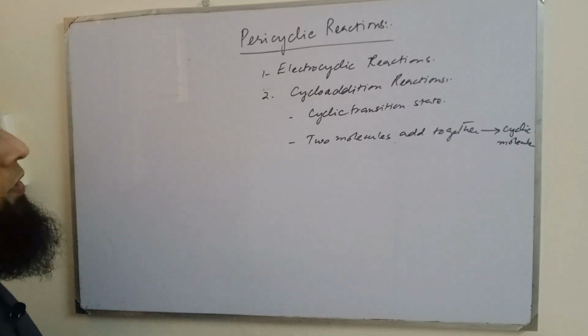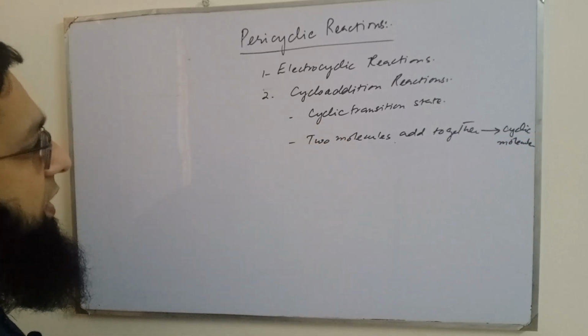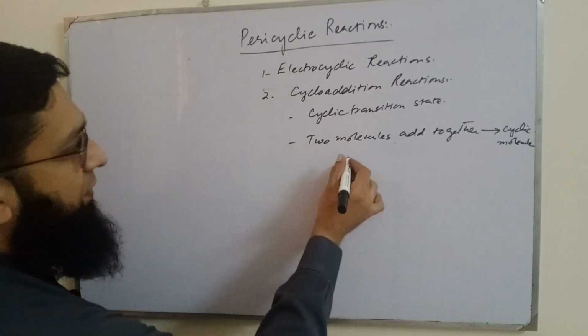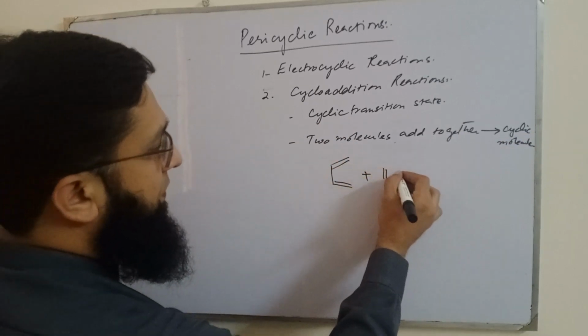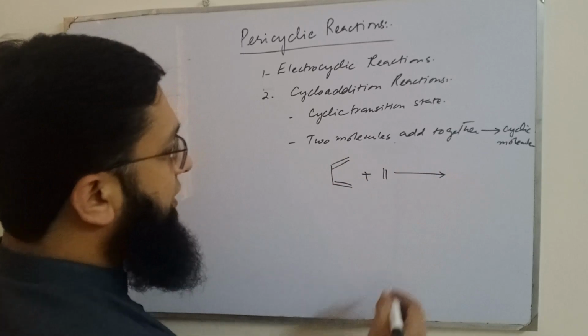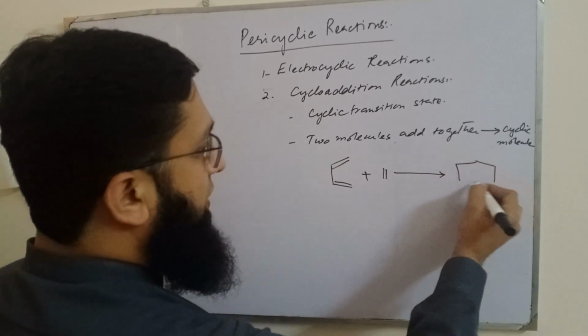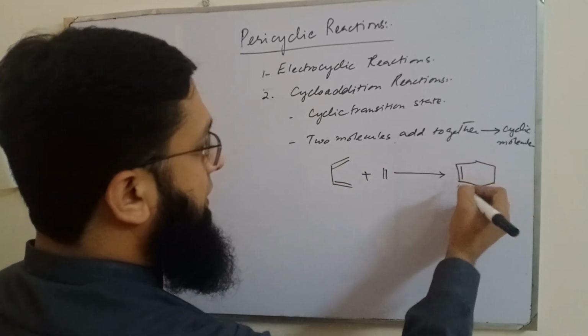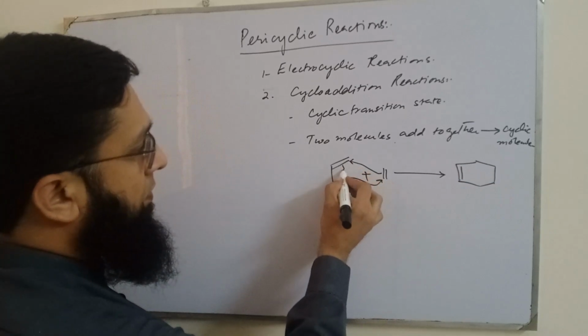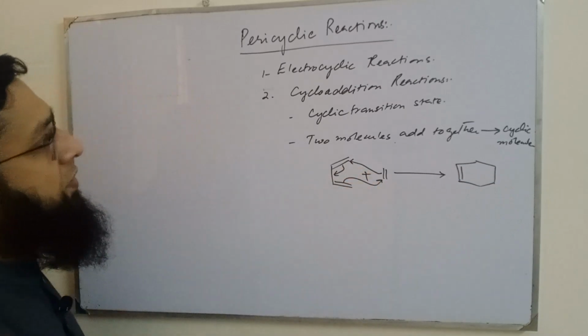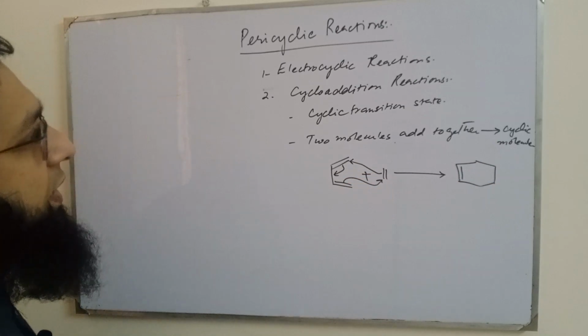For example, we have the 4+2 cycloaddition, which is the Diels-Alder reaction, and we get this one. So these are cycloaddition reactions.